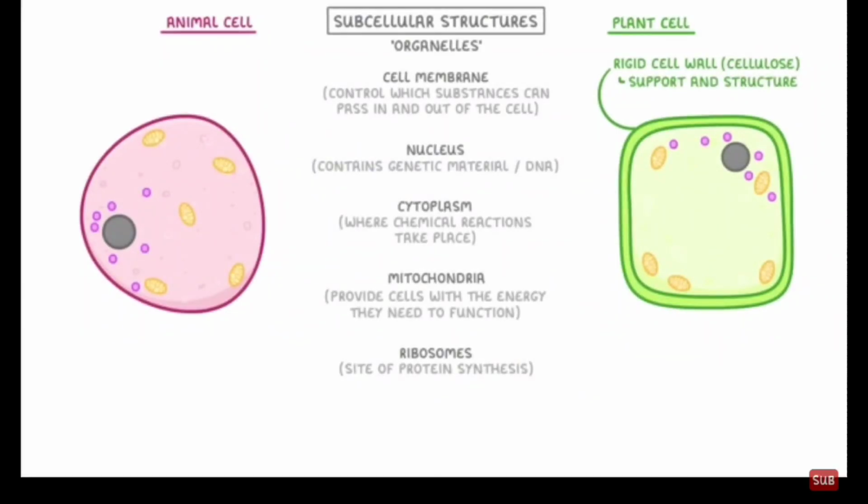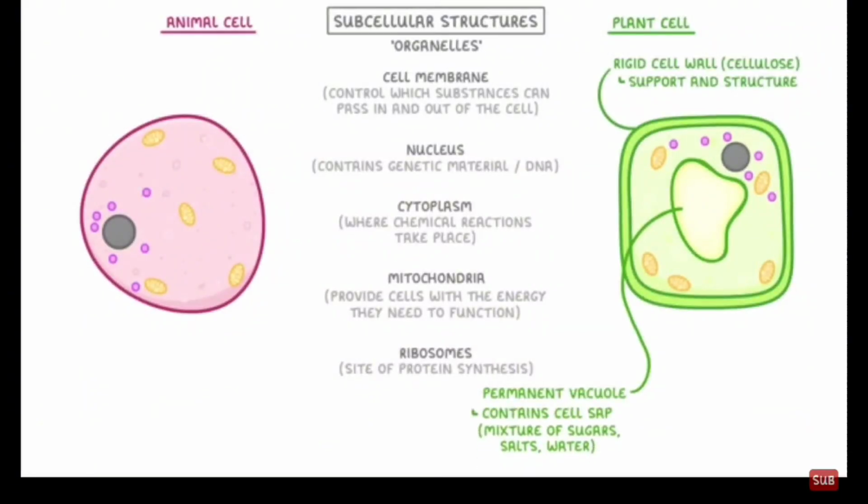Next, a lot of the cell is often taken up with this thing, called a permanent vacuole. You can think of this as a big sac that contains cell sap, which is basically a mixture of sugars, salts, and water that this cell can use when it needs to. And finally, they also have chloroplasts, which is where photosynthesis happens.